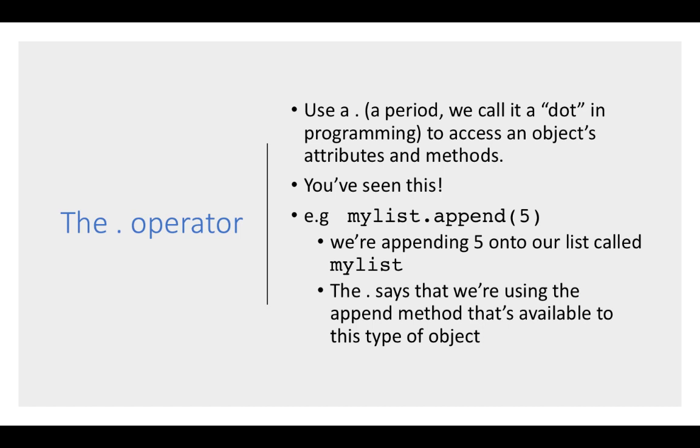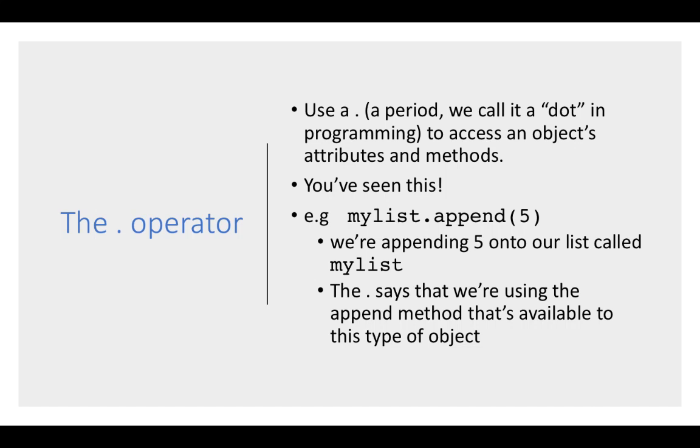There's also the way that you put these together, which is with the dot operator. So this is a period. We're going to refer to it as dot in programming. And it gets access to an object or an instance's attributes and the methods. And this is actually something that you've seen before. So when we've been working with lists, we've used this method called append. So we'll do whatever our list name is.